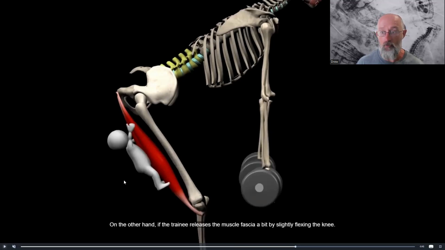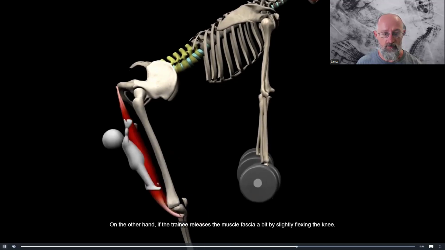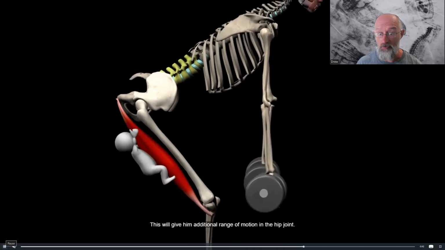And then as you get more flexible, as in the hamstrings get eccentrically lengthened, so they're stretching under load, which means they're getting stronger as you're stretching them, you'll be able to go further and deeper into this forward fold position or hinge position.